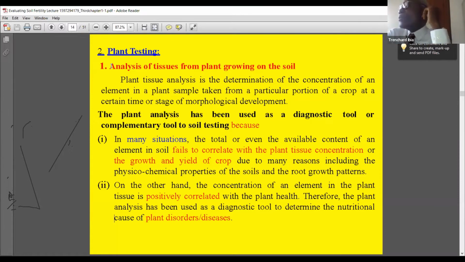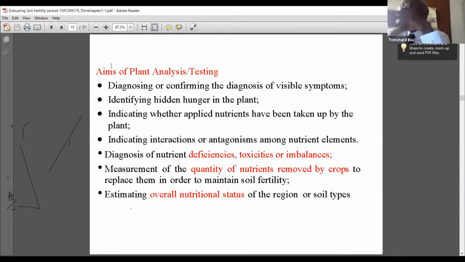Earlier on, I had mentioned correlation as one of the things we do to take decisions. And of course, you need to plant the crop, a test crop in pots in the lab or in greenhouses, or in the field. And you have to analyze the plant sample to start and do a correlation to establish relationship between the amount of nutrient extracted from the soil by lab tests and nutrient uptake by plants under greenhouse or field conditions.